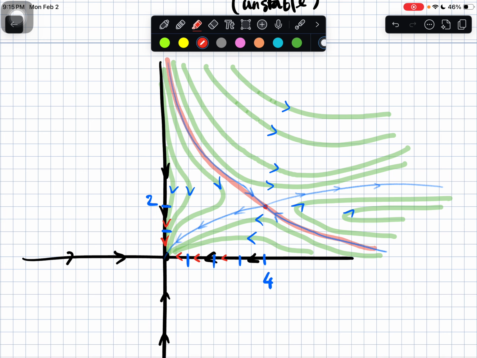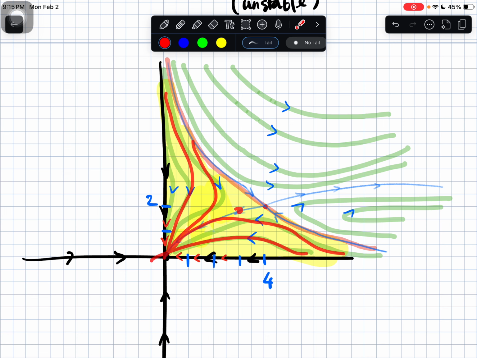If we are in the region below it, we expect that both populations will die out, that is, extinction.